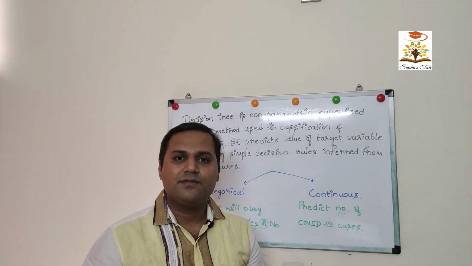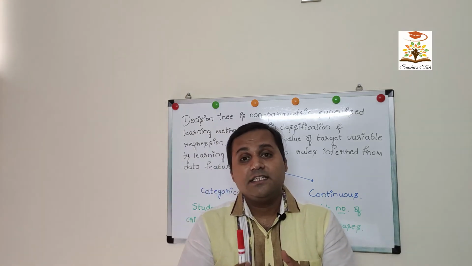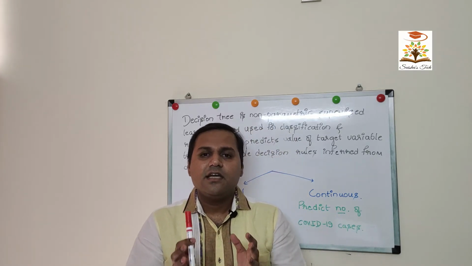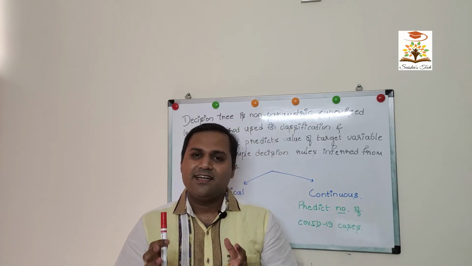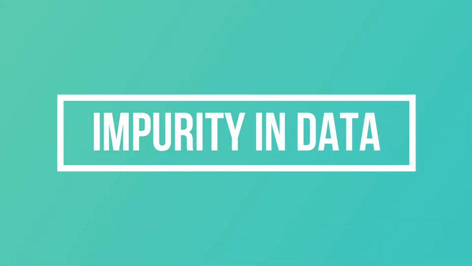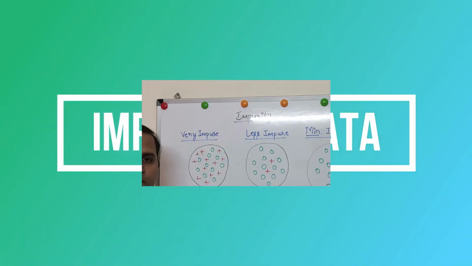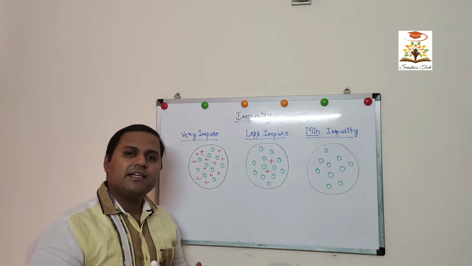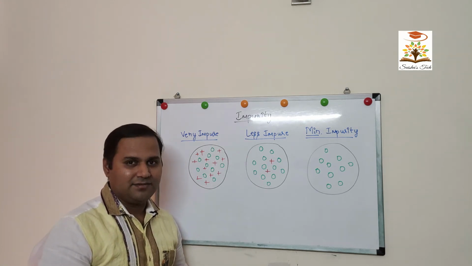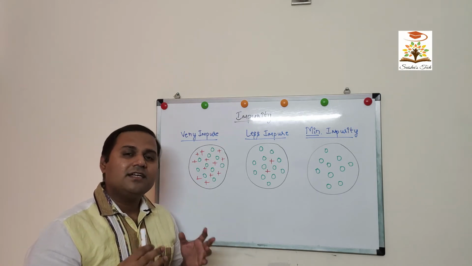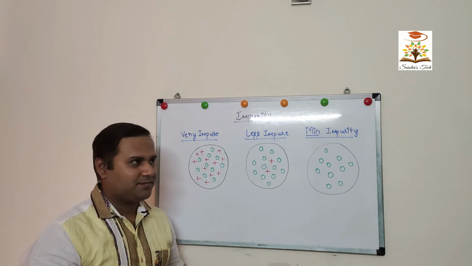As we have understood the concepts of decision tree definitions, let us understand the impurities in data. This impurity concept we will be utilizing when we are calculating the information gain for each of the attributes. Now let us understand different types of impurity.